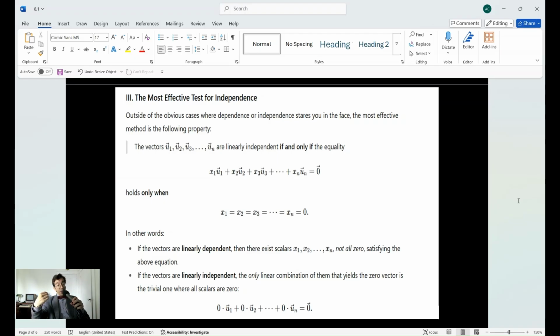In other words, if the vectors are linearly dependent, then there exist scalars, not all 0, that satisfy the above equation. And if the vectors are linearly independent, the only linear combination of them that yields the 0 vector is what we call the trivial one, where all scalars are 0.